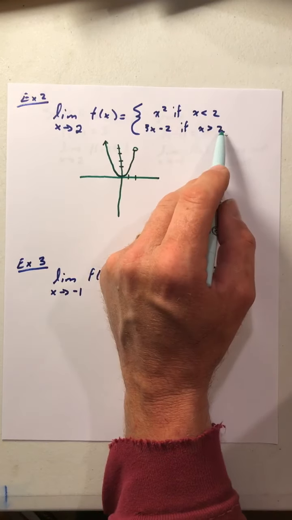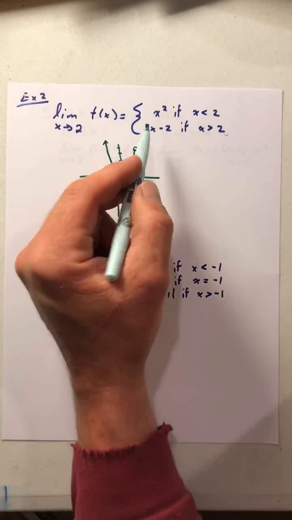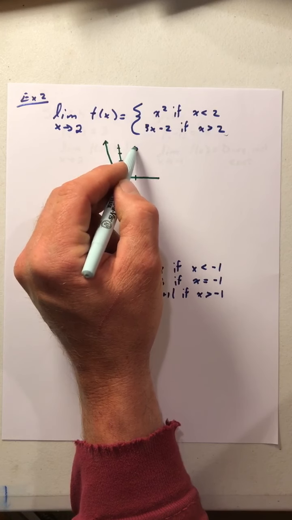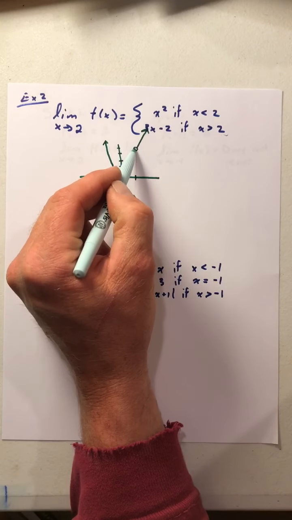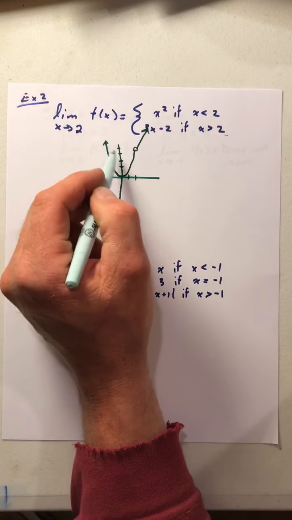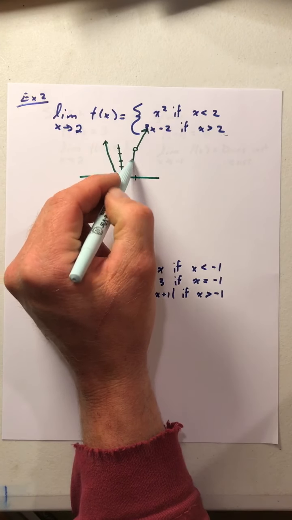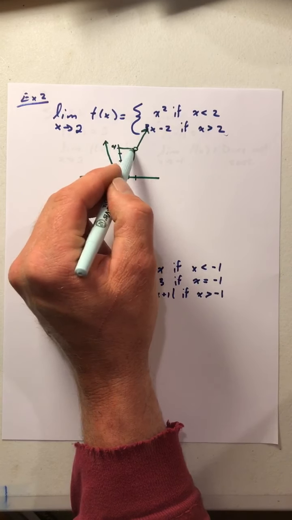Then 3x minus 2. If I plug 2 in there, I get 6 minus 2, which is 4. 3x minus 2 is a linear function with slope 3, so from that 4 I come up linearly. Again, I have a quadratic that goes into a linear function. The limit as x approaches 2: my branches are getting closer and closer to the y value of 4.